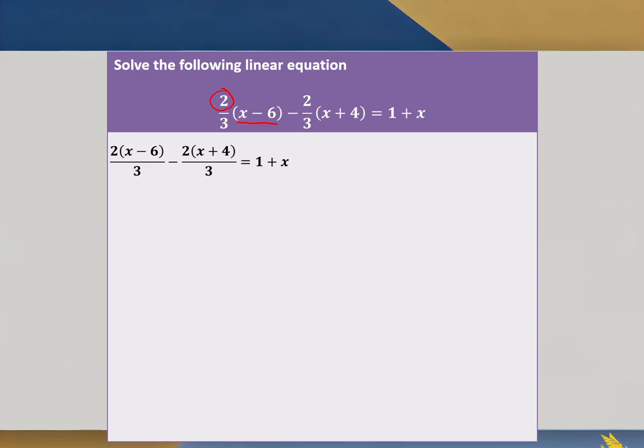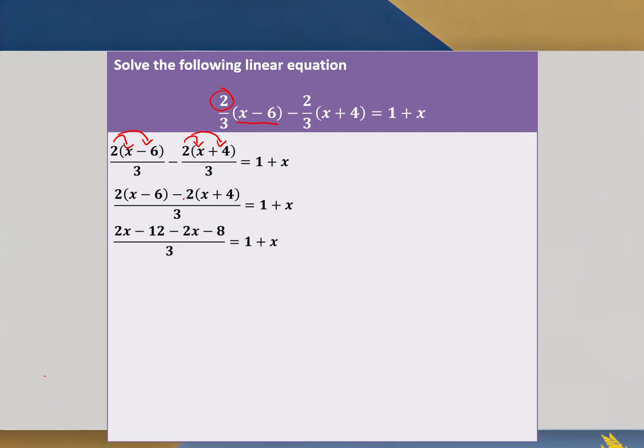I'm going to expand my brackets. So 2 times x and 2 times negative 6, and 2 times x and 2 times 4. Before I do that, I might rewrite it in terms of one fraction. So the negative straight away applies.